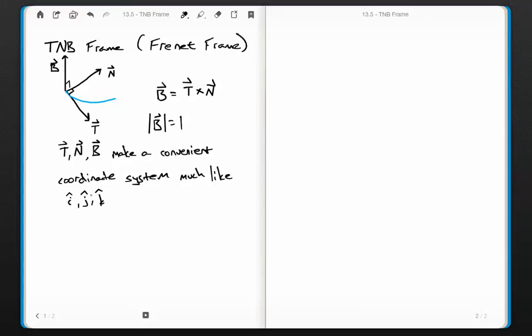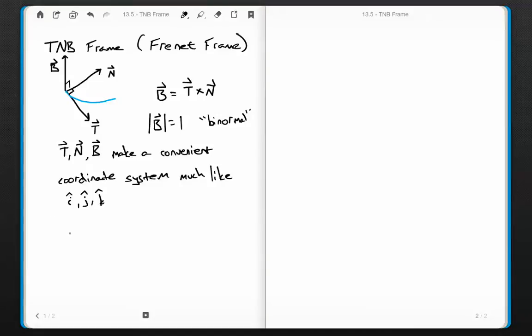They're fixed with the coordinate system. T, N, and B can be anywhere and point in any direction relative to the particle. So we can use this fact. Oh, by the way, B stands for binormal. Okay, so it's the binormal vector.